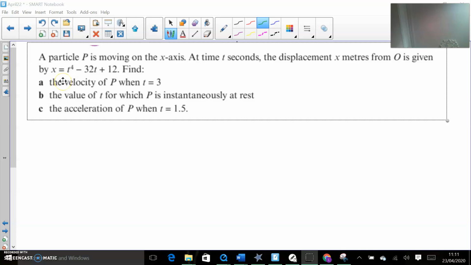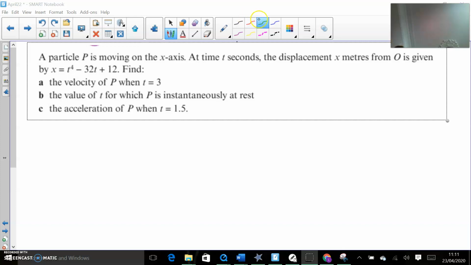We sometimes use the variable x, we sometimes use the variable s for displacement. Either can be used. The time is always t though. We want to find the velocity of P when t is 3, the value of t for which P is instantaneously at rest, and the acceleration of P when t is 1.5.